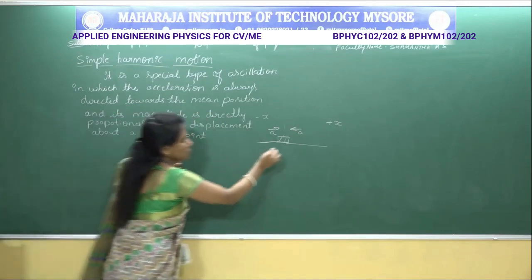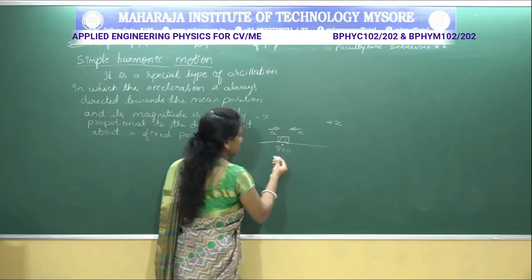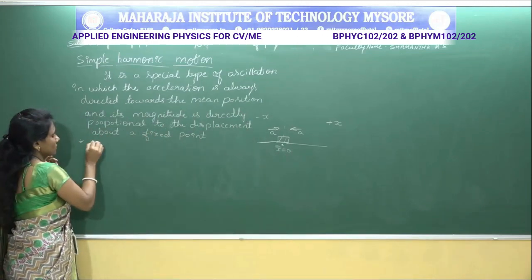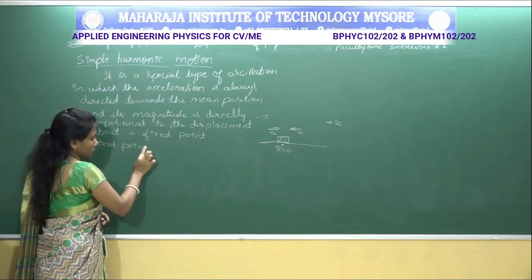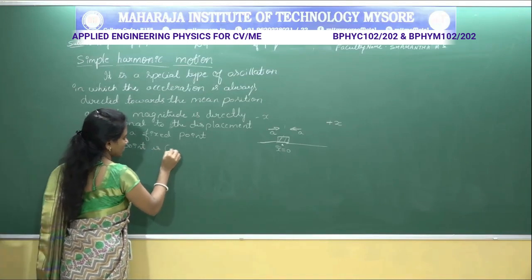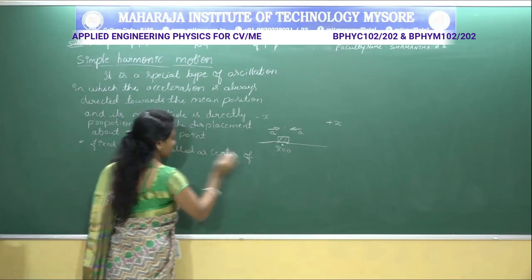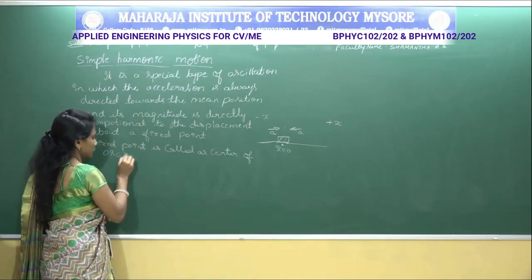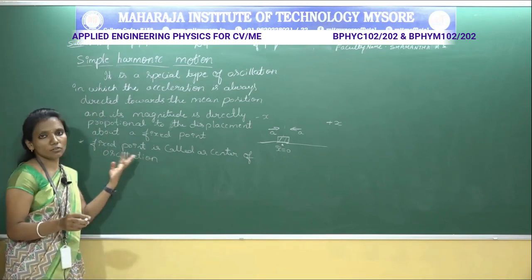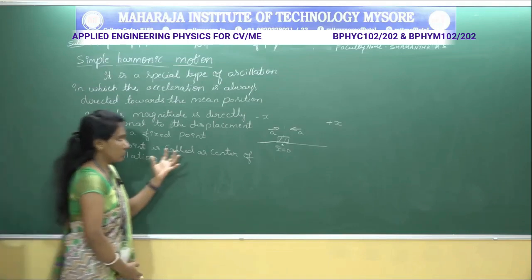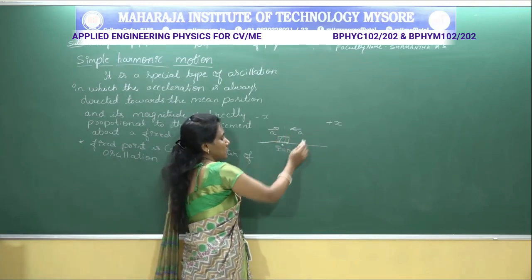This is about the fixed point, which is called the center of oscillation. So the acceleration is always directed towards it, and the magnitude is directly proportional to the displacement.